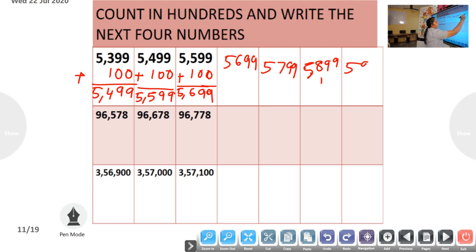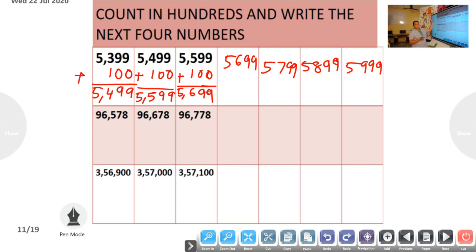So you are getting 5,899, and then 5,999. Is it clear? Change only the digit in the hundreds place. Then next, which place do you have to change here? The digit in the hundreds place you have to change here.